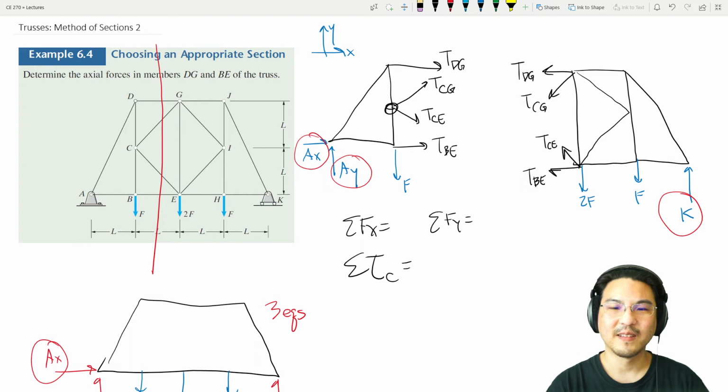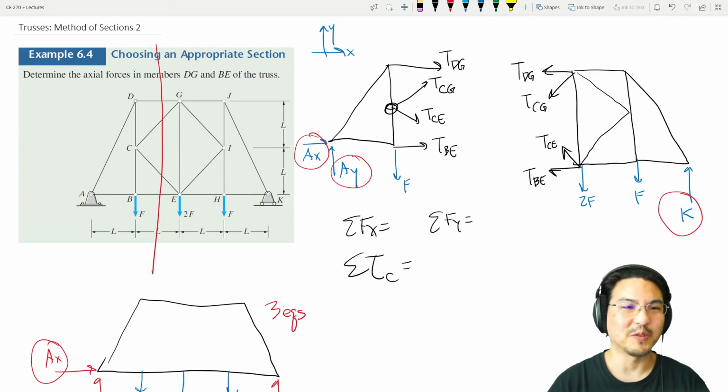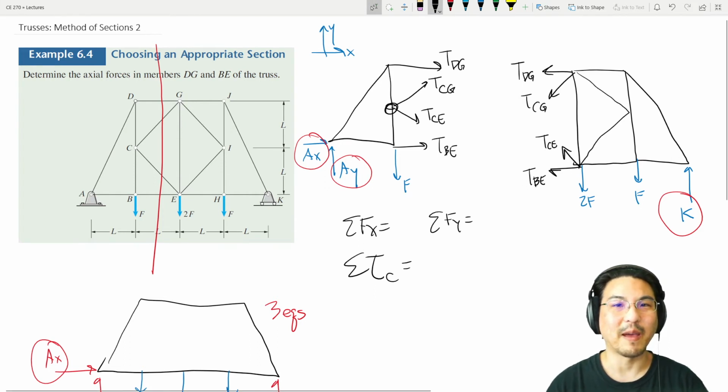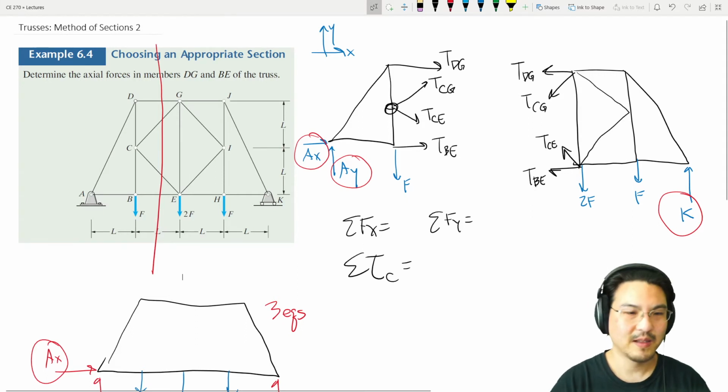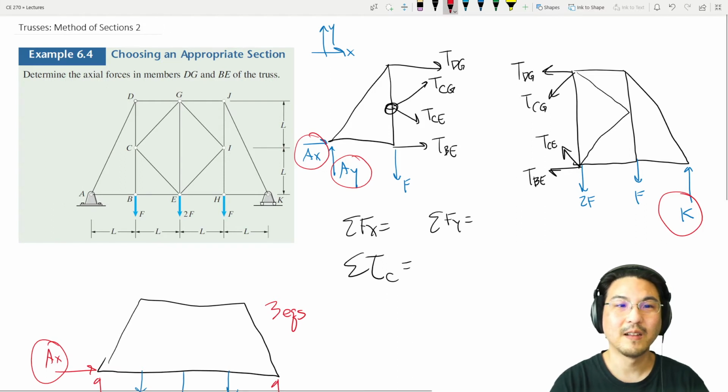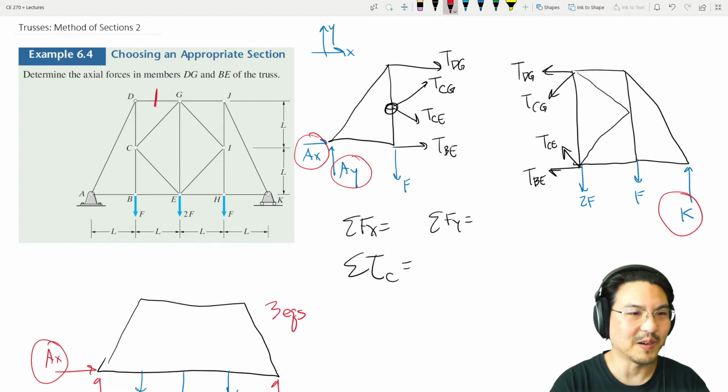But let's say we choose our section in a different manner. For example, we still want to cut through here and here. But watch, let's cut our section like this. Okay, so let me draw it more angular.